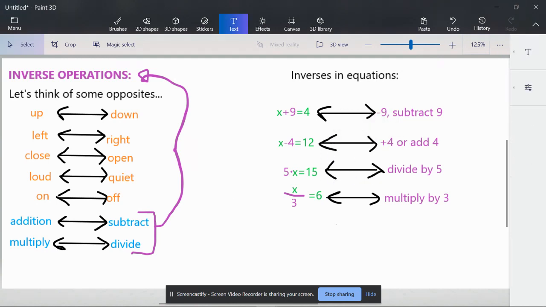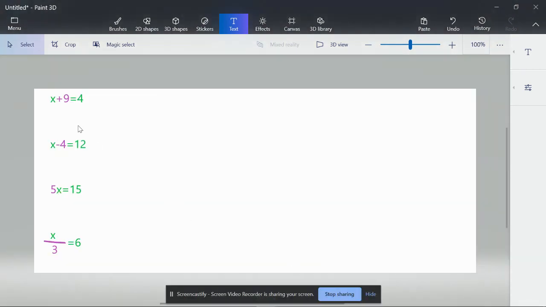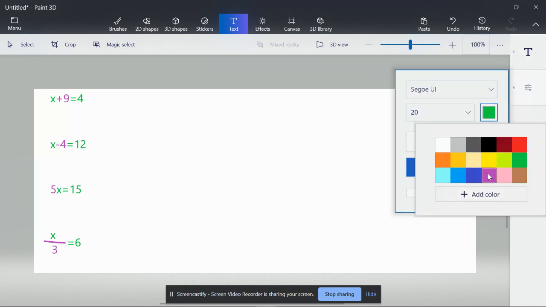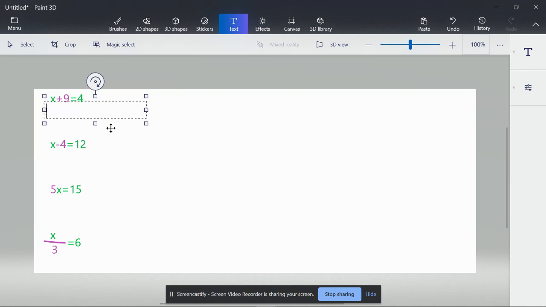So that's our main inverse operations happening just as words and also within equations. If we want to look at these examples and solve them a little bit more, if we look at this screen, same equation, right? We have x plus 9 equals 4. So to do that opposite of subtracting 9, we have to do minus 9 on the left side of our equation and minus 9 on the right side of our equation.